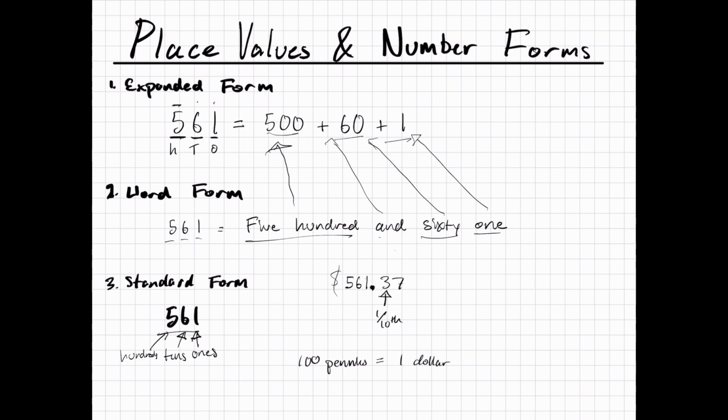So a tenth of a dollar would just be 10 pennies. What this means is this 3 represents 30 pennies. Okay, so 3 represents 30 pennies in this spot. This 7 represents just 7 pennies because it sits in the 1/100th location.